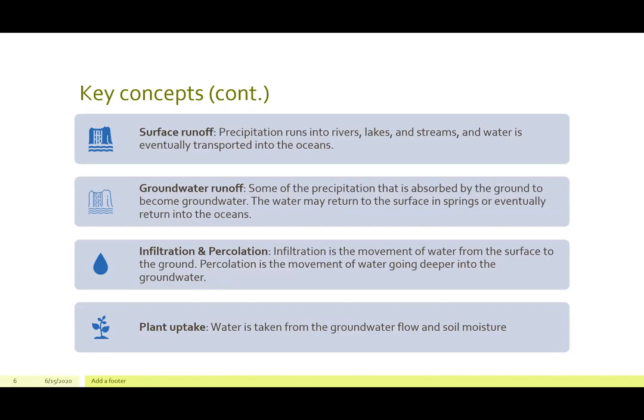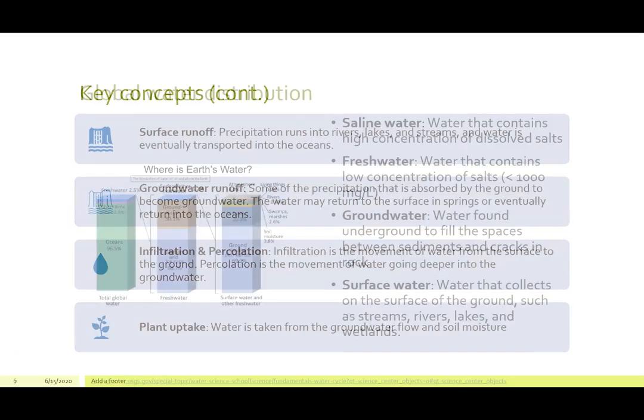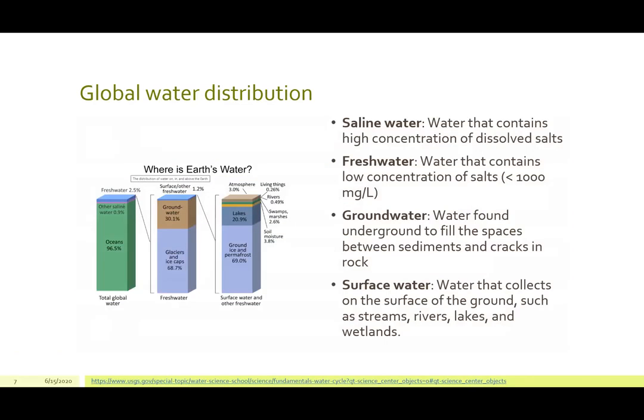The water may return to the surface in springs, and eventually return into the oceans. Infiltration and percolation: infiltration is the movement of water from the surface to the ground. Percolation is the movement of water going deeper into the groundwater. Plant uptake: water is taken from the groundwater flow and soil moisture. Again, these are the key concepts I just explained.